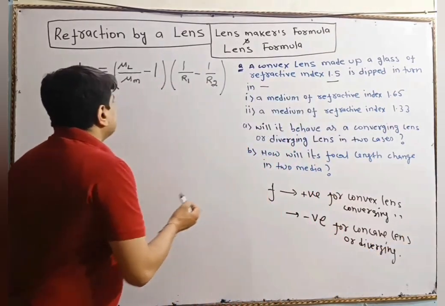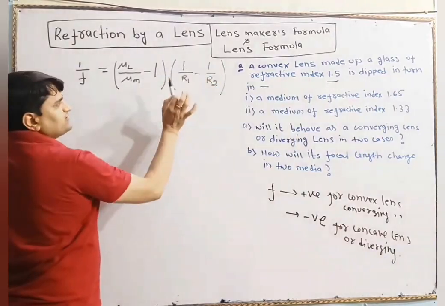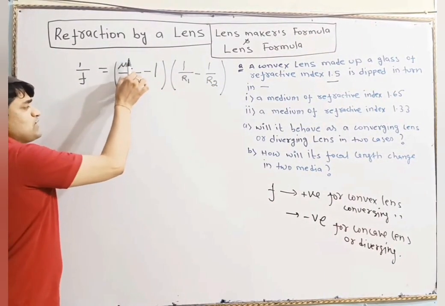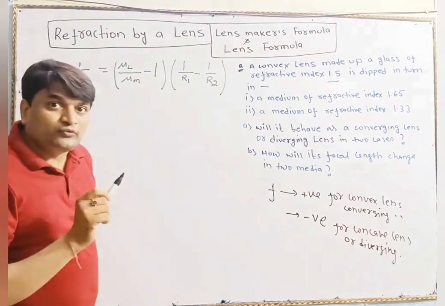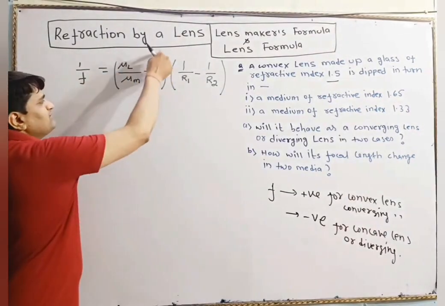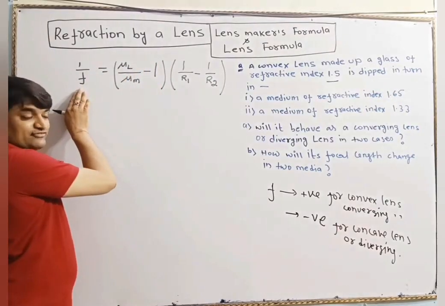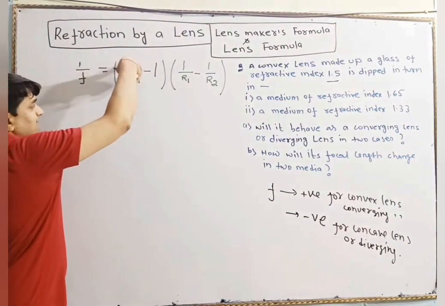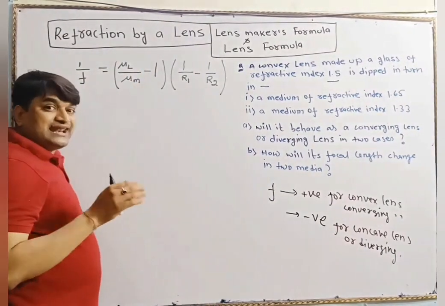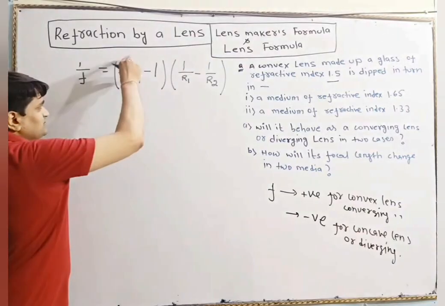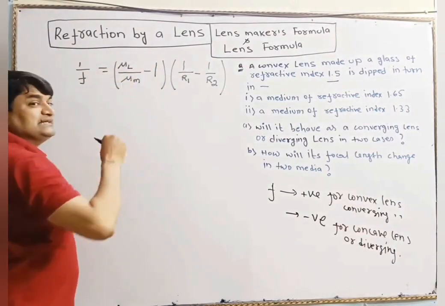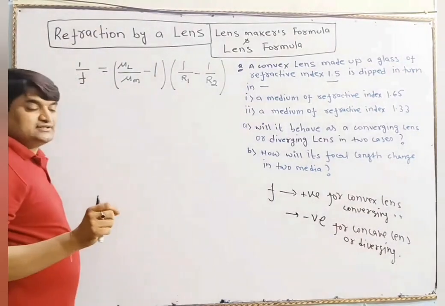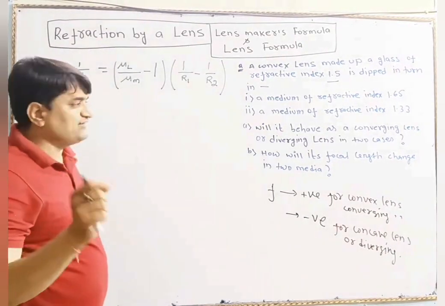Now see the term here. This term is fixed, and here is mu L upon mu m. If this ratio mu L upon mu m is greater than 1, then this whole term will be positive, and so f will be positive and it will behave as a convex lens. If this ratio mu L upon mu m is less than 1, then this term becomes negative, and so f becomes negative, a diverging lens or concave lens.